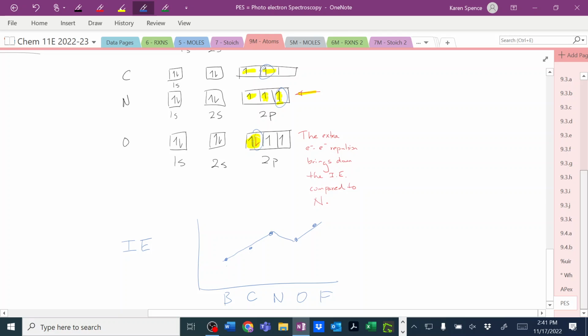These little dips are actually more part of our next unit. So I don't want you to worry about it for this test. It just doesn't.